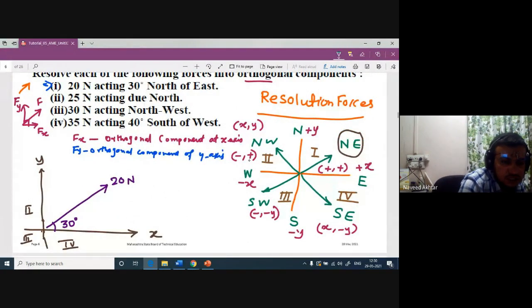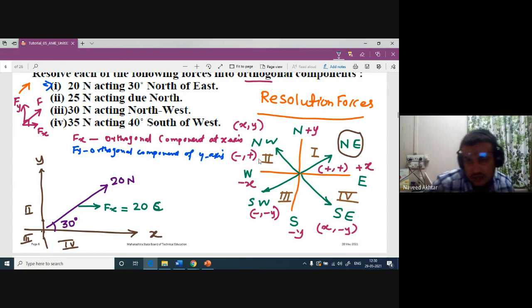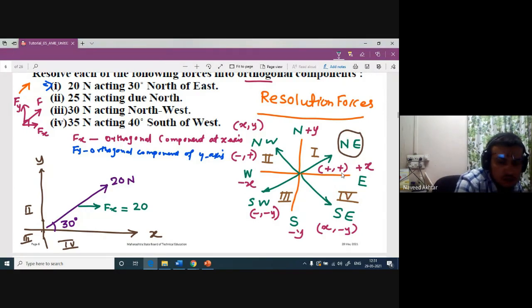It is nothing but the x component, that is Fx, that is 20 cos theta. Theta here is 30 degree, cos 30.